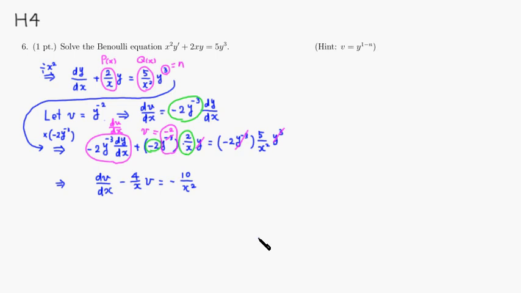You can see that this is a new equation in terms of v and x.